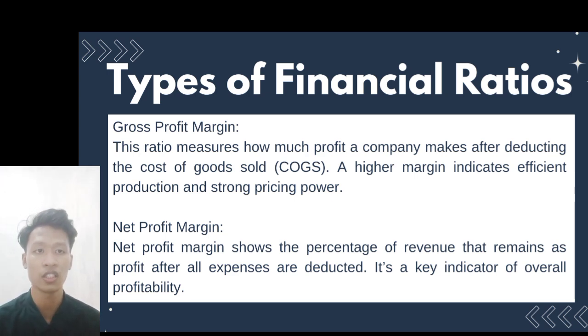This ratio measures how much profit a company makes after deducting the cost of goods sold. A higher margin indicates efficient production and strong pricing power. Net profit margin shows the percentage of revenue that remains as profit after all expenses are deducted. It's a key indicator of overall profitability.